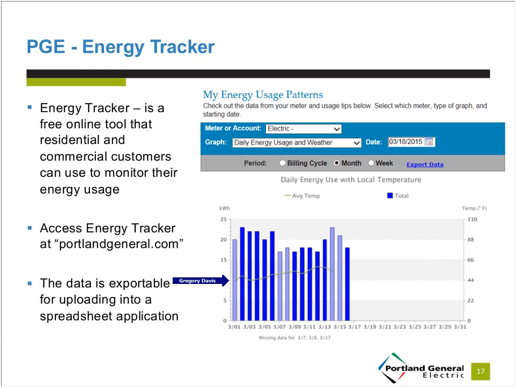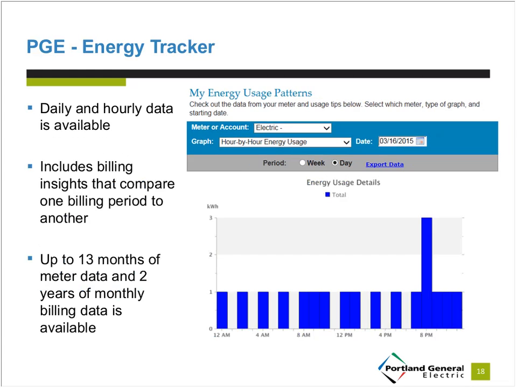This next slide will show you a graph of the hourly data. I just chose a particular day, and this is an hour-by-hour energy usage. So you can see that we have interval data down to the hour with Energy Tracker.